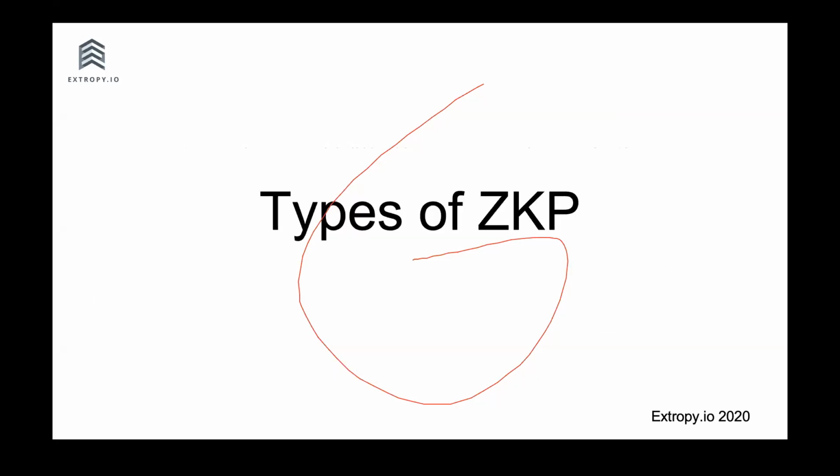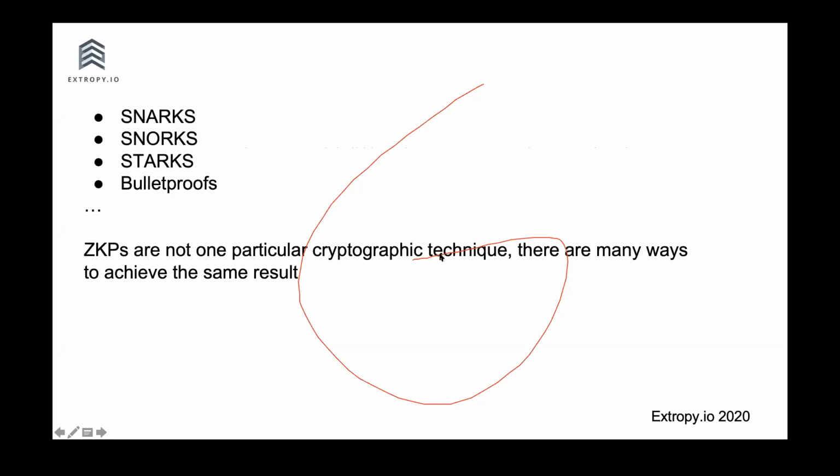Now, there are different types of zero knowledge proofs. The ones that Jens Groth started are called SNARKs, and I'll explain in a minute what they are. We've had very similar naming, so we've got SNARKs, we've got STARKs, we also have bulletproofs.